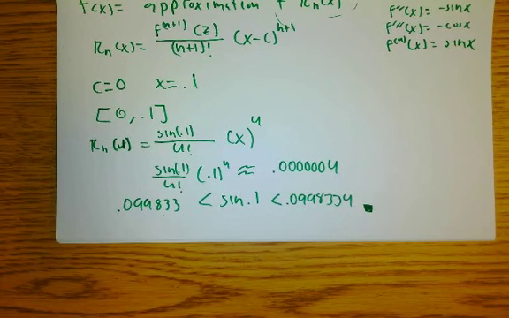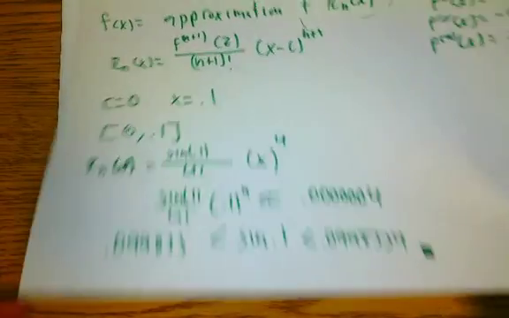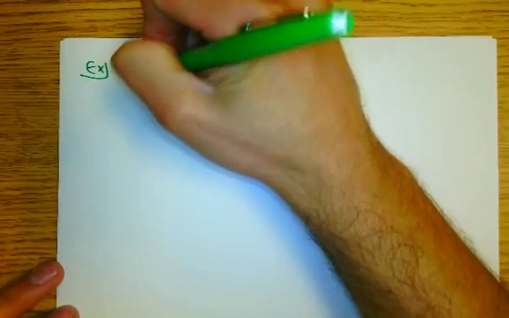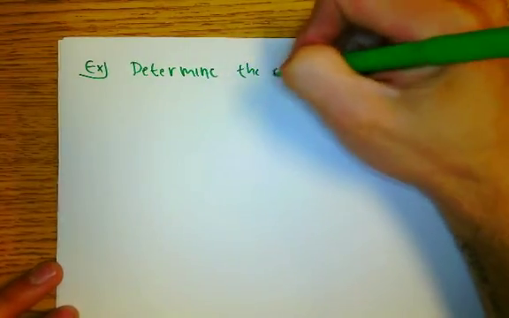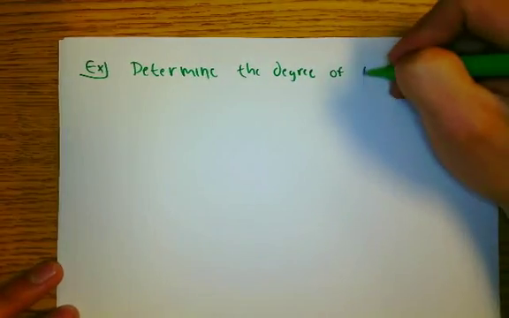All right, so this is our last example of the day. We're going to determine the degree of the Maclaurin polynomial. To make it easier, they're centered at 0, but they don't have to be.